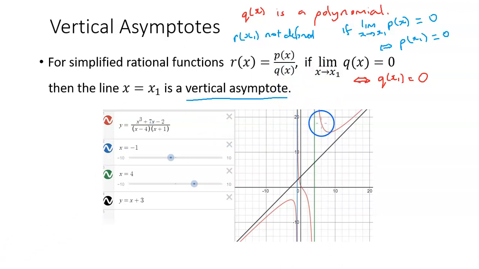So it might not necessarily have to take this shape where we're going off to infinity on one side and negative infinity on the other.